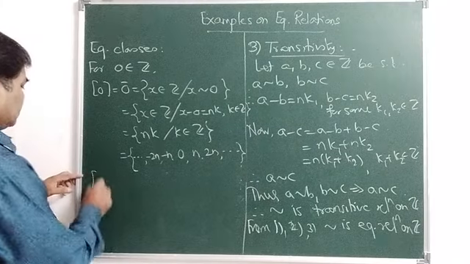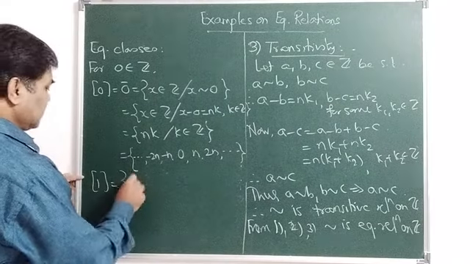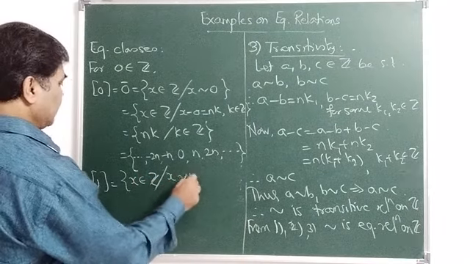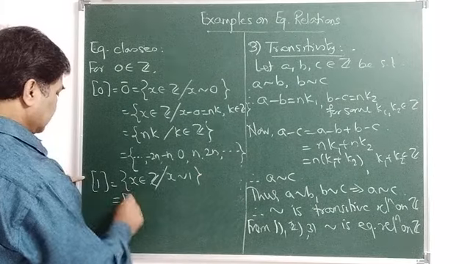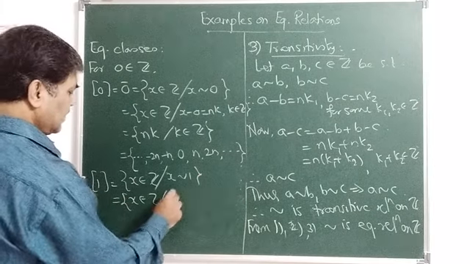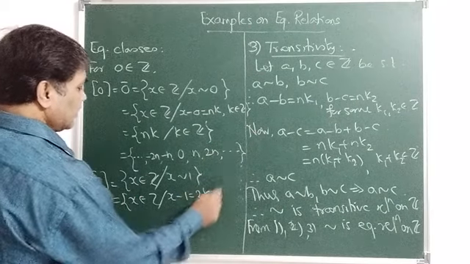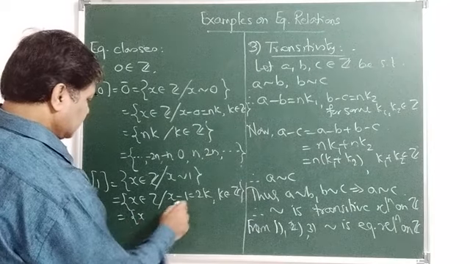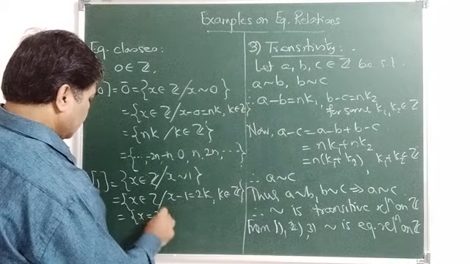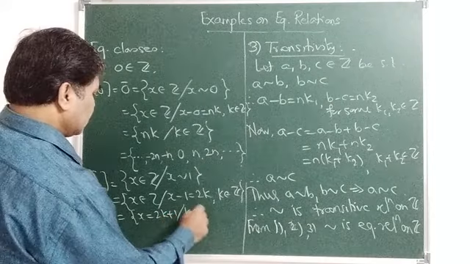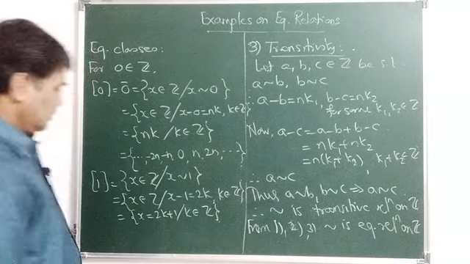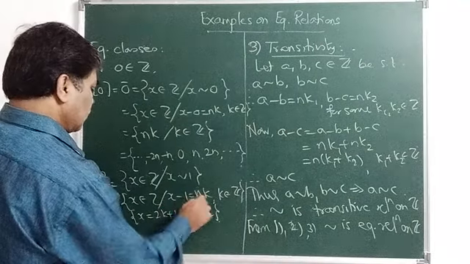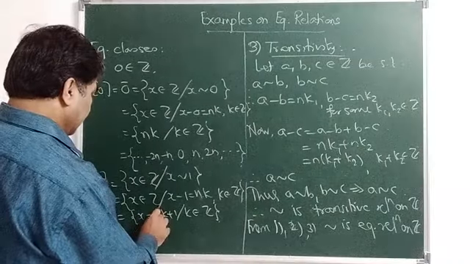If I now take 1, then its equivalence class contains X belongs to Z such that X is related to 1. Means X such that X minus 1 is equal to nK, K belongs to Z. Sorry, X minus 1 is equal to nK here, not 2K. Then X is equal to nK plus 1.